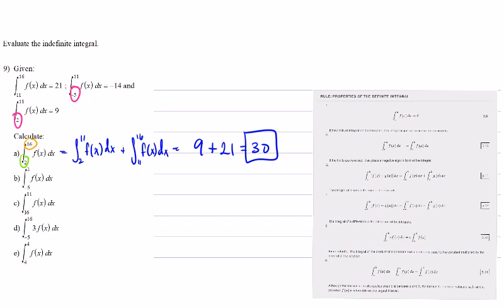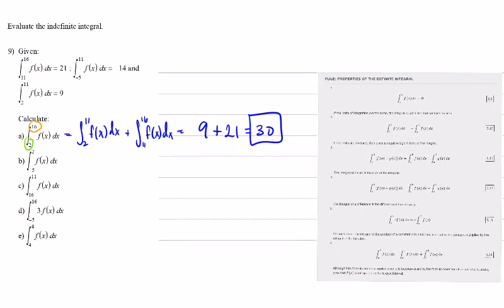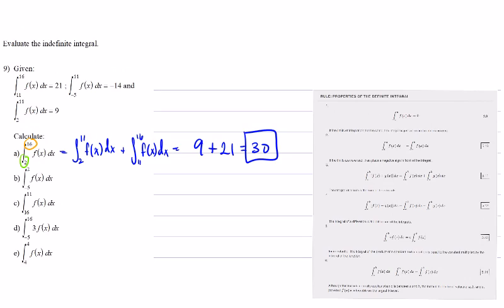We know that this is the larger integral. So I'll just shorthand here: the integral from -5 to 11 equals the integral from -5 to 2 plus the integral from 2 to 11.